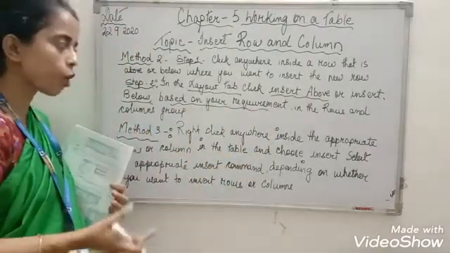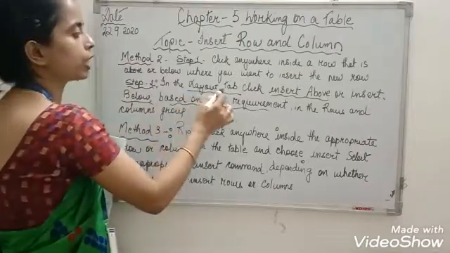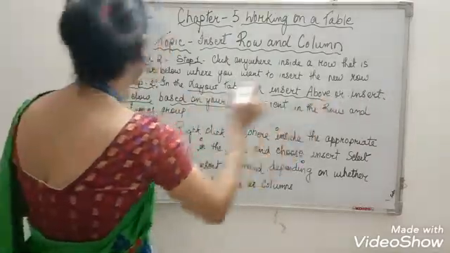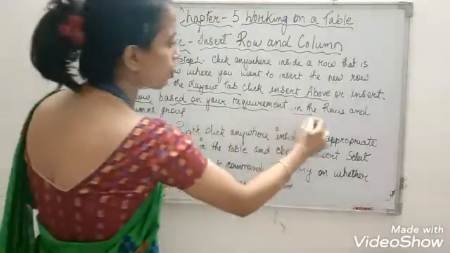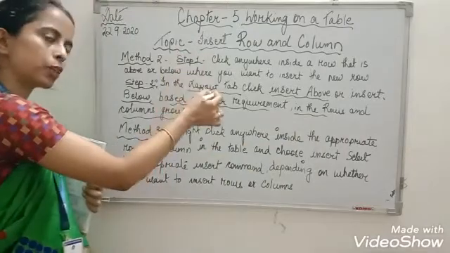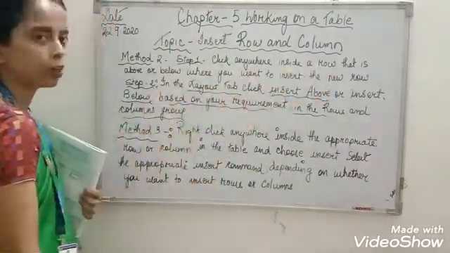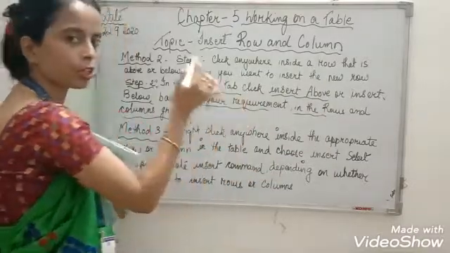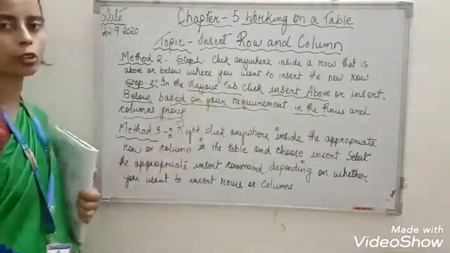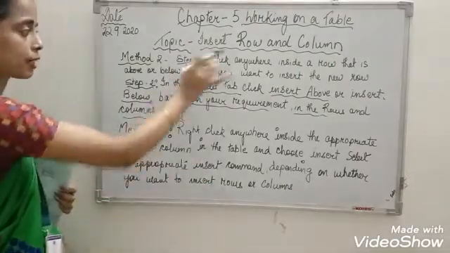How many rows you want, how many columns you want, according to your requirement you click on the layout tab, insert above or insert below in the rows and columns groups. If you want rows, click in the layout tab, insert above or insert below. If you want column, same, click in the layout tab or menu bar. Got it? So this is method 2.